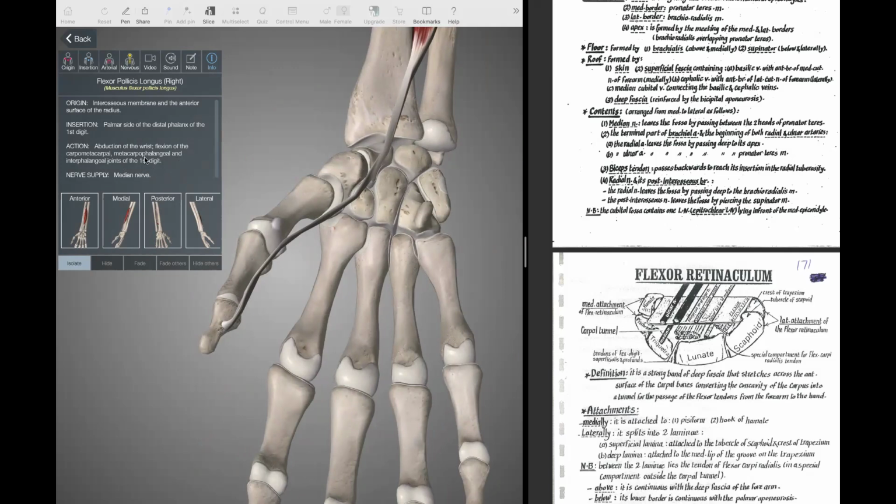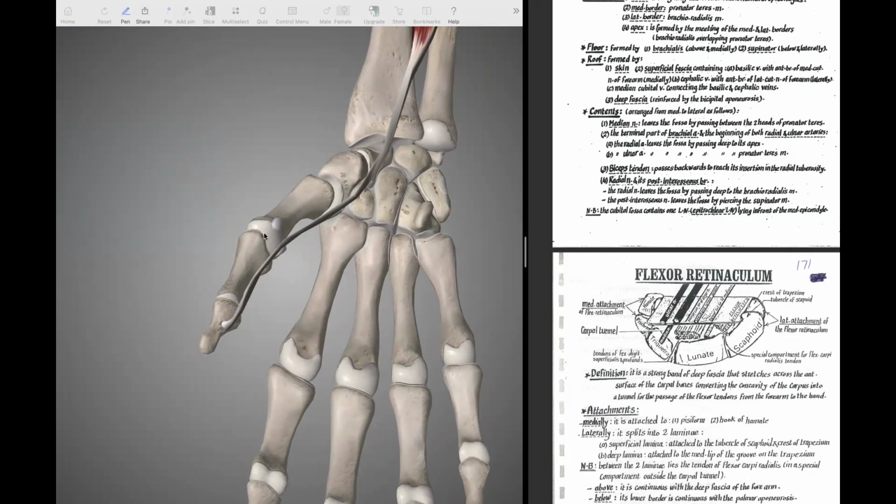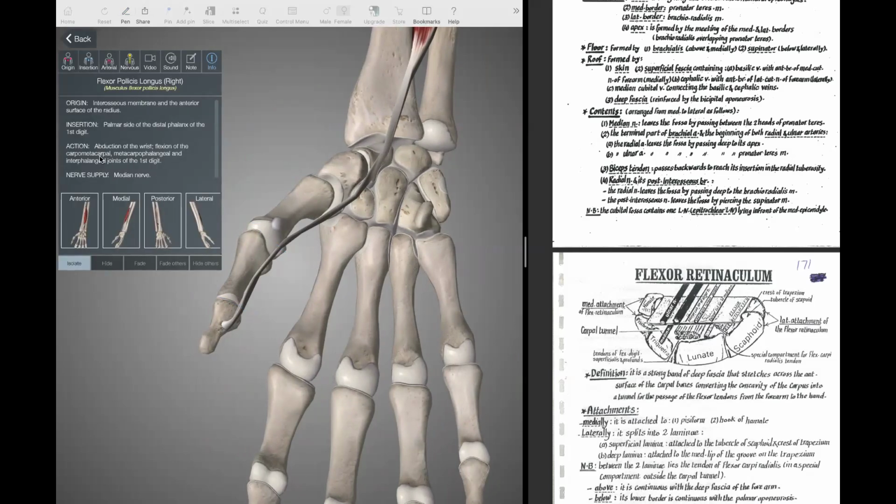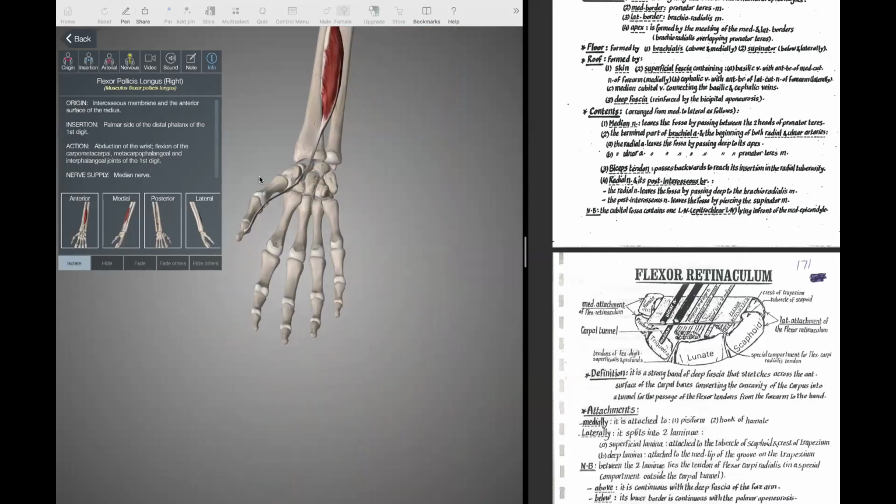What it does, it's all related to first digit. Flexion of metacarpophalangeal, flexion of interphalangeal, okay? Abduction of the wrist, okay?